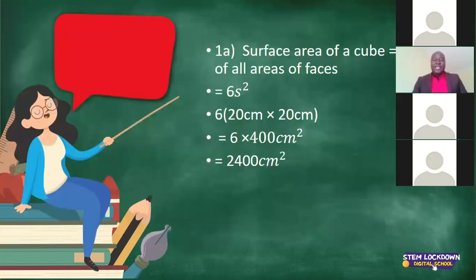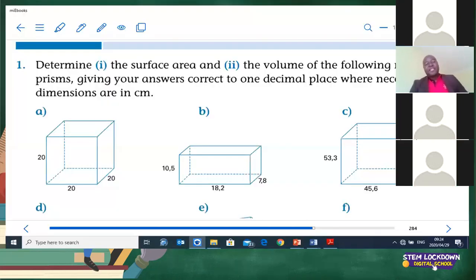And of course, as you can see, it becomes 6 multiplied by 20 multiplied by 20. Remember that your side there is 20 centimeters. 20 times 20 is 400, and 400 times 6 gives you 2,400 square centimeters. So this will be the surface area of the cube. You are told that the dimensions must be in centimeters, and of course, that is what we get.